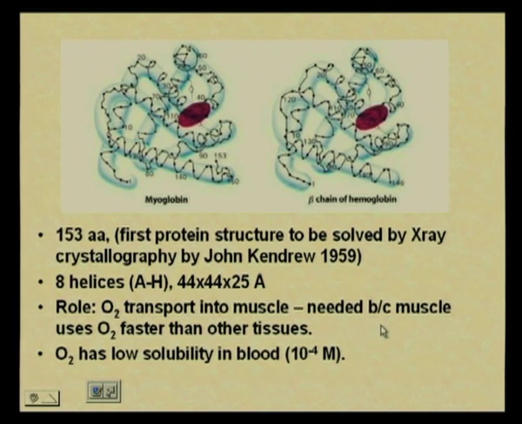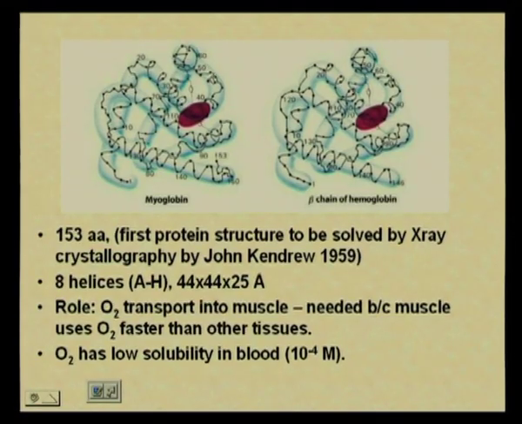It is needed because the muscle is going to use the oxygen much faster than the tissues or the lungs, because the lungs are always getting a supply of oxygen, but the tissue is using up the oxygen. Okay? So, the myoglobin is present more in the tissues. Why? So that it can provide the oxygen that is required.